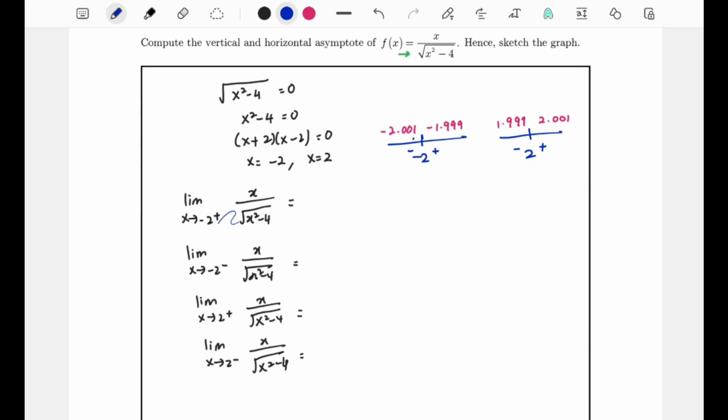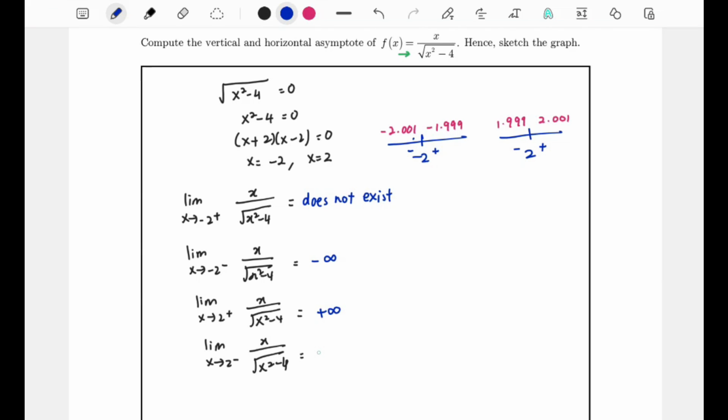When you substitute x approaching -2 from the right, you're going to get undefined, which is does not exist. Negative 2 from the left is negative infinity. 2 from the right is positive infinity.